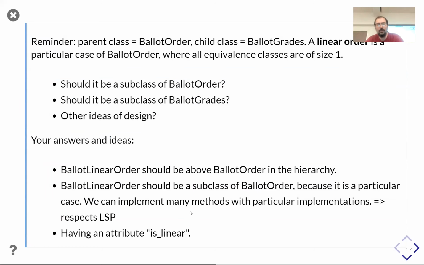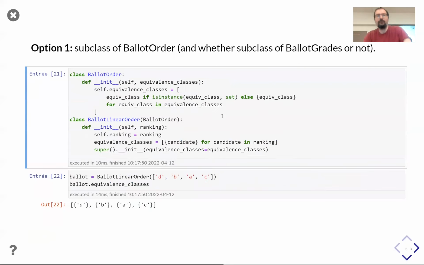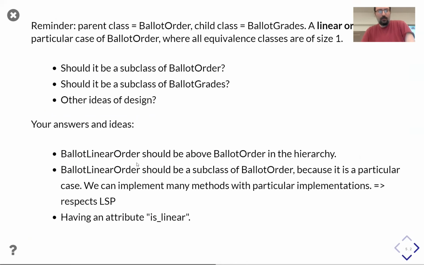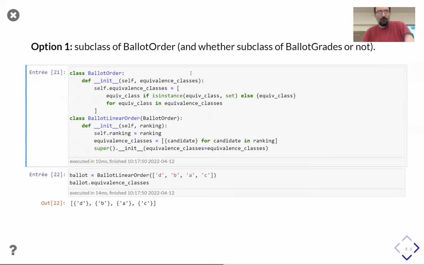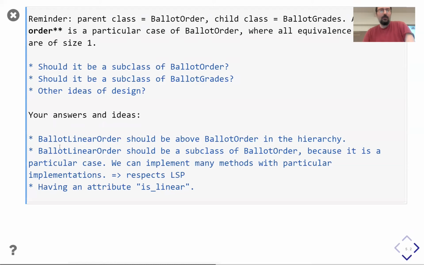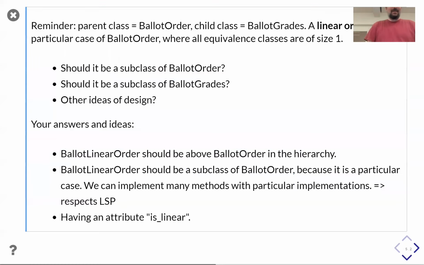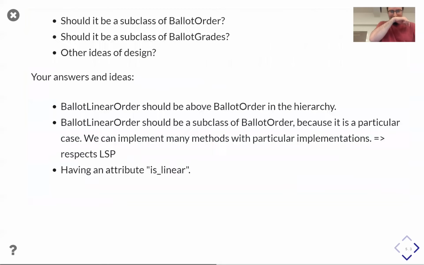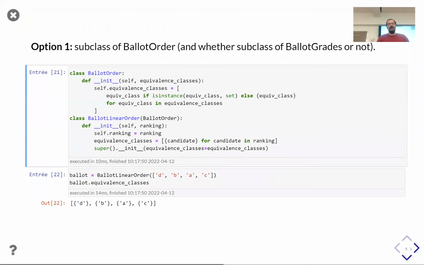So let's have a look at all this. In the following, I will not go more into this option because it's clearly excluded by LSP, but I will look at the second one, Maxime's option: let's assume that linear order is a subclass of ballot order. We don't care if it's a subclass of ballot grades or not.